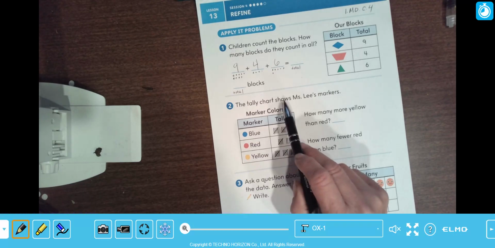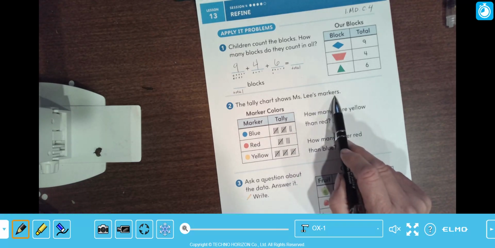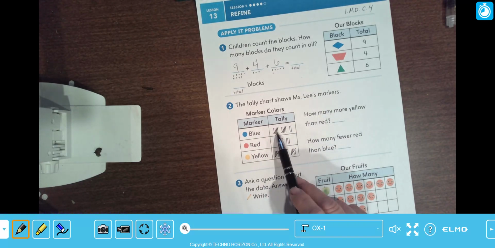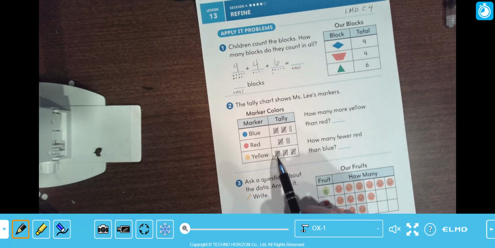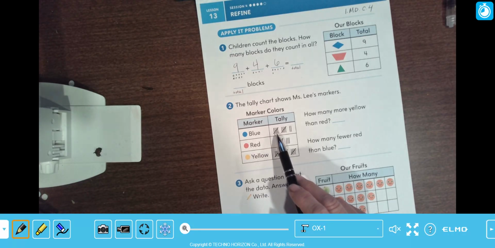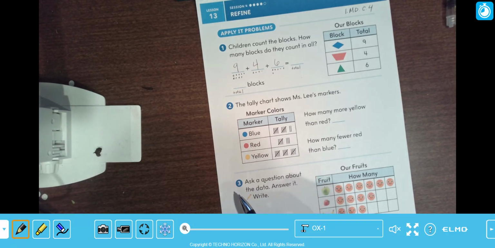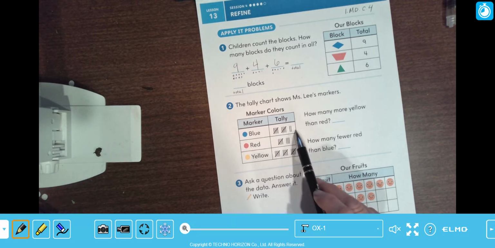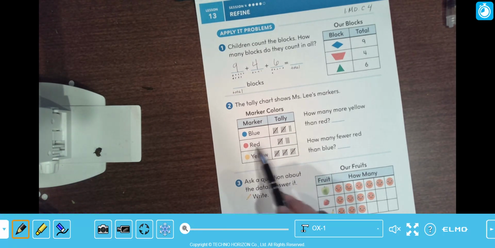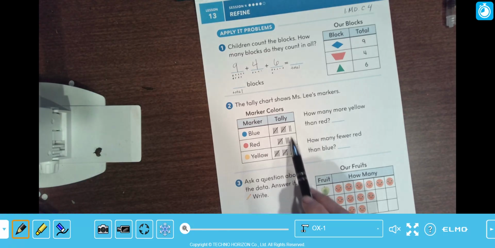The tally chart shows Mrs. Lee's markers. Here they are. So how many blue markers does she have? Okay. She's got, this is 5, and this is 5, and this is 2. How much is 5, 5, and 2? Yeah, that's 12, right? And then red is 5 and 3 more.